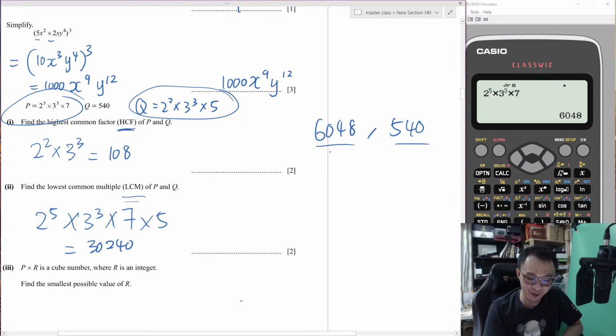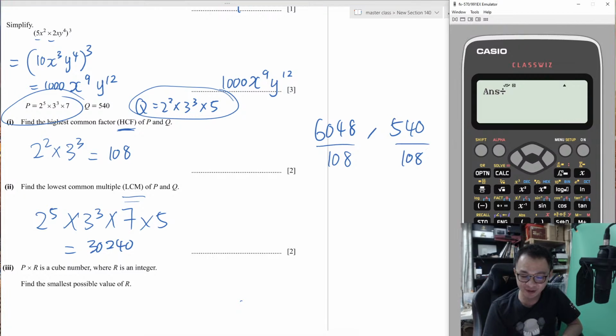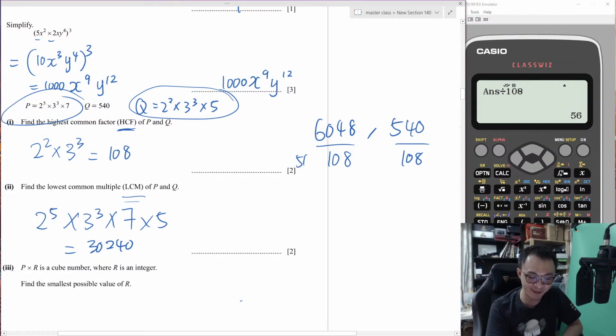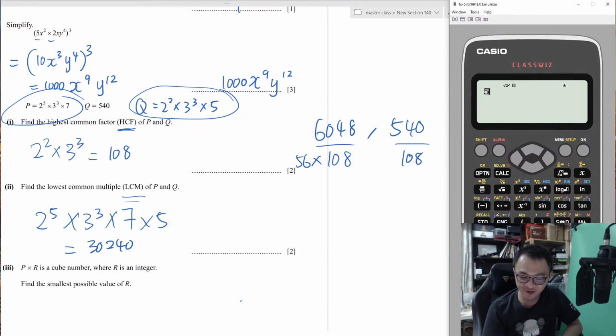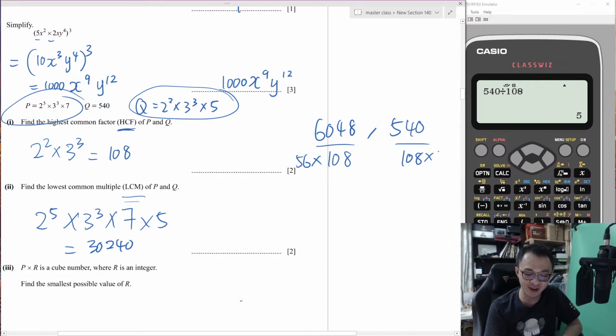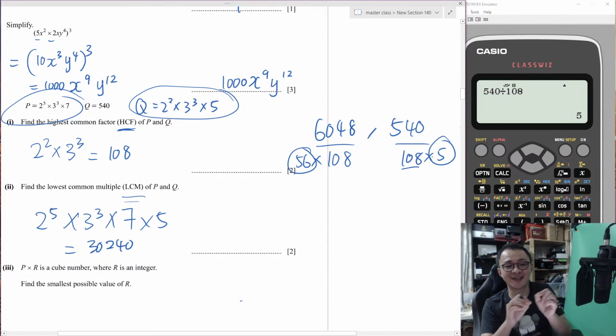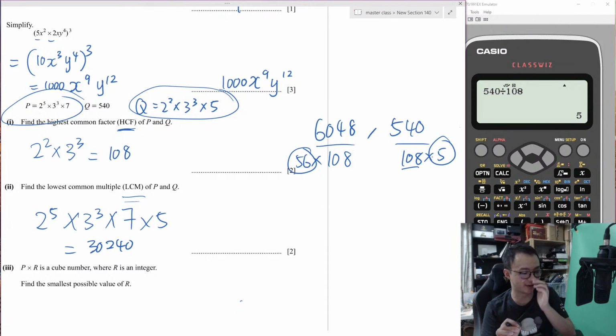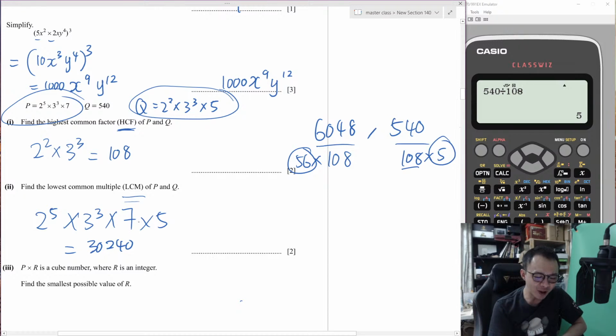So you can see both of them can be divided by 108. If I divide this number by 108, I get a whole number. Basically it's 56 multiply 108. And 540, I can also divide by 108. It's 5. So this number is 108 multiplied by 5. And you realize you cannot find any more common factor between 56 and 5, because 108 is the highest factor.